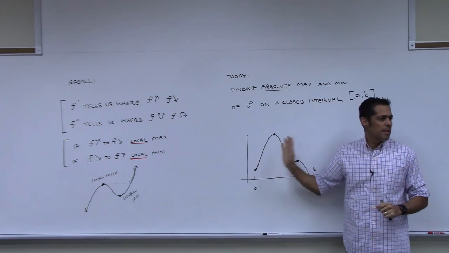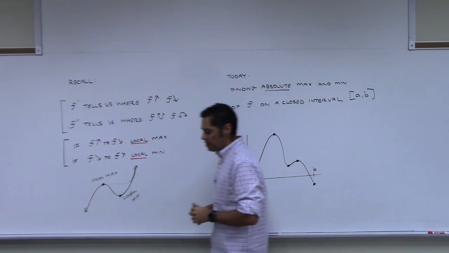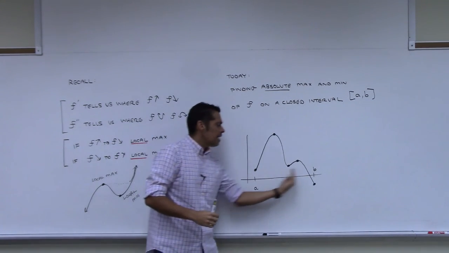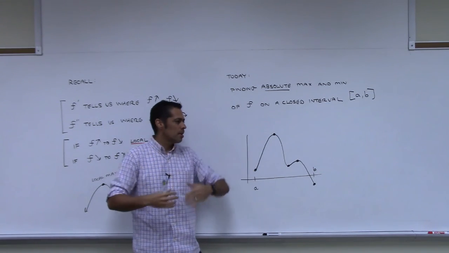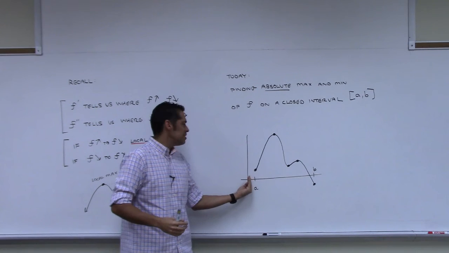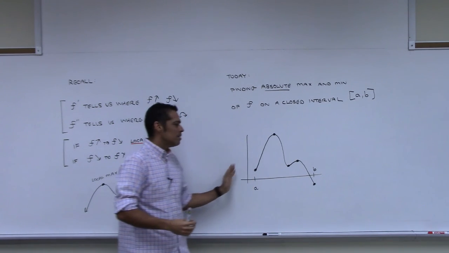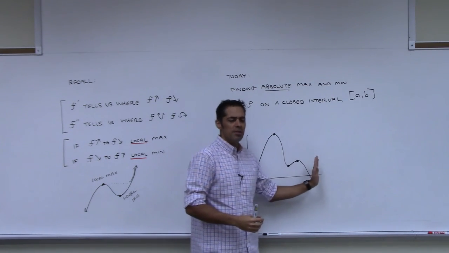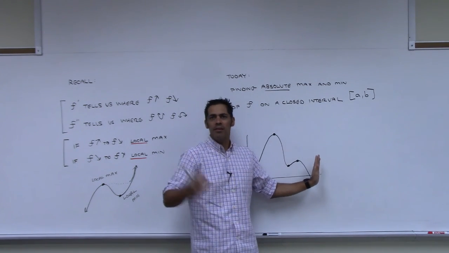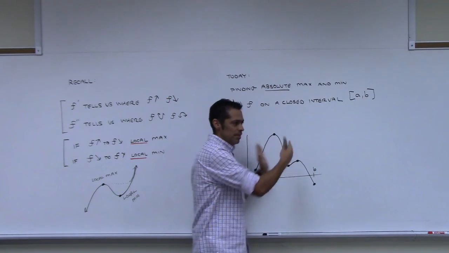And this is okay because in business problems, a lot of times, the X might be like the number of skateboards you sell, whatever your company is selling. So it doesn't make sense to have negative skateboards. And so maybe you start at 0, or maybe you start at 1. And then you go to some reasonable number, like you're not going to sell more than 1 million skateboards, right? So you stop it somewhere.